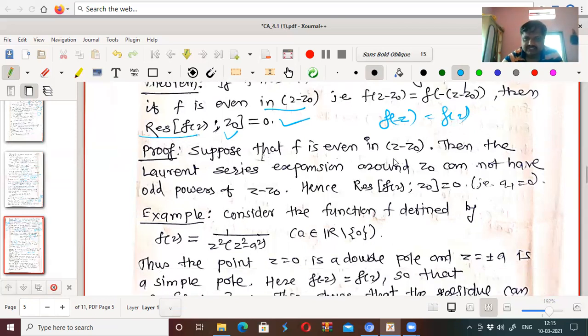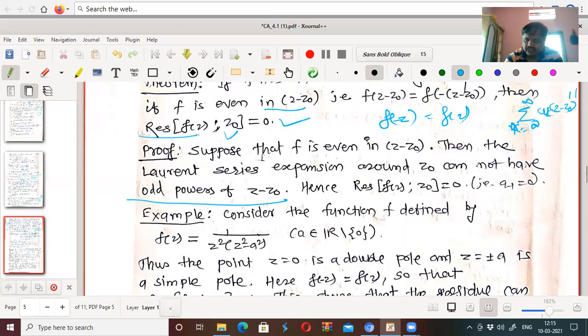Suppose that f is even in z minus z0, then the Laurent series expansion around z0 cannot have odd powers of z minus z0. Laurent series means what? It is summation from k equal to minus infinity to plus infinity of a_k (z minus z0) to the power k.